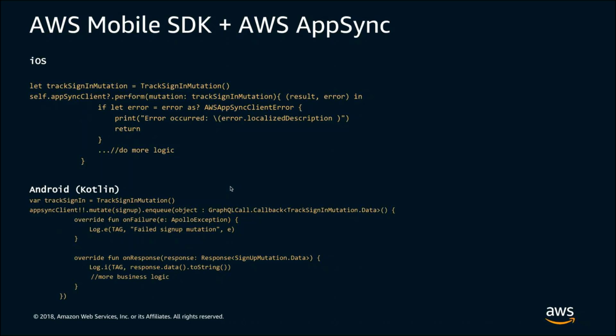The code generator generates POCO representations of your GraphQL query or mutation. Once you have that, you can use these POCO objects to perform a mutation and then get a callback with a result or an error object. This is the same across both Android and iOS.